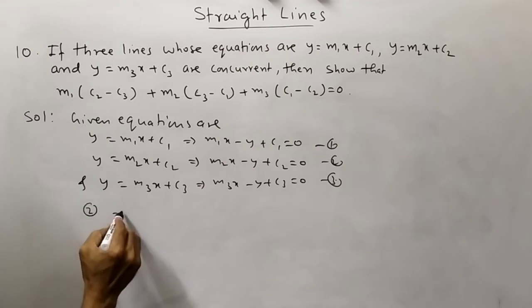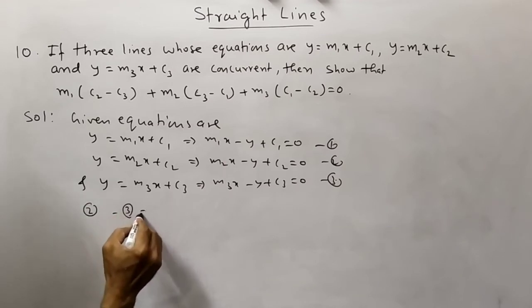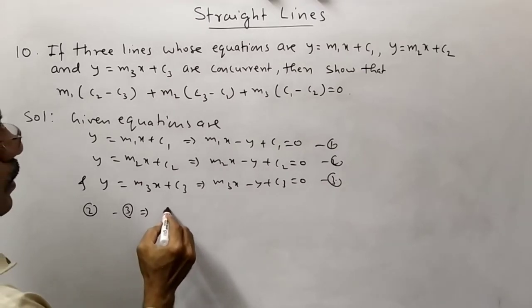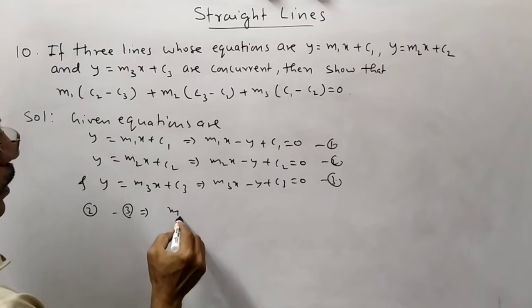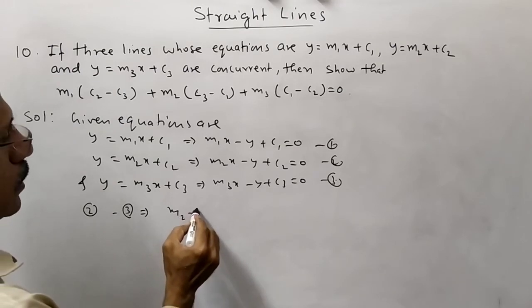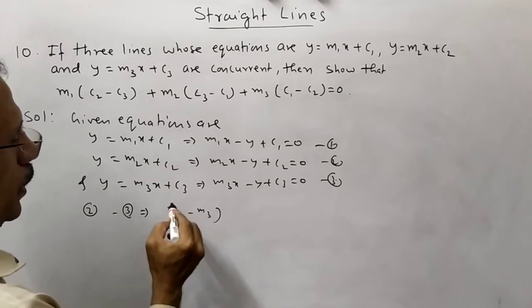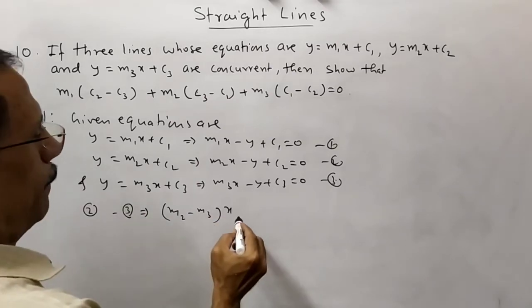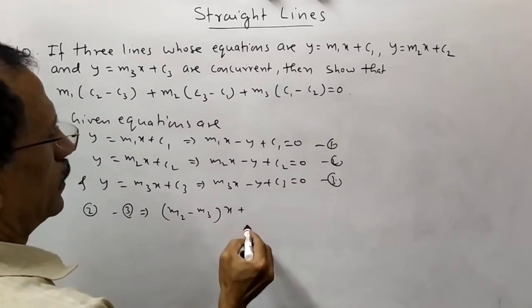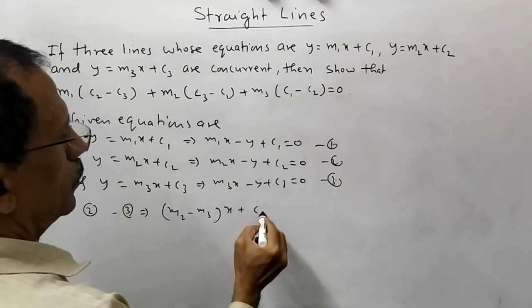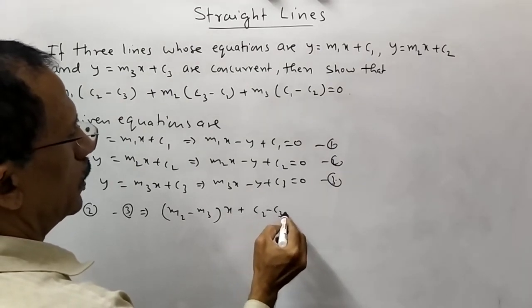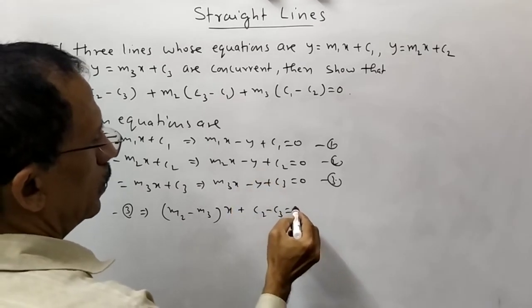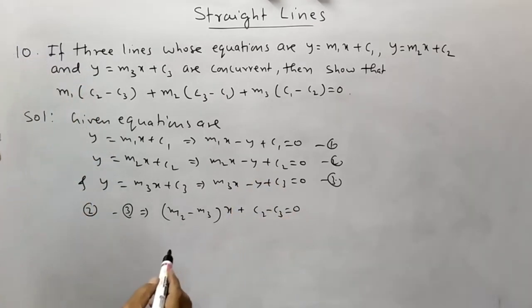Equation 2 minus 3 implies m2 minus m3 into x plus c2 minus c3, because y will get cancelled, is equal to 0.